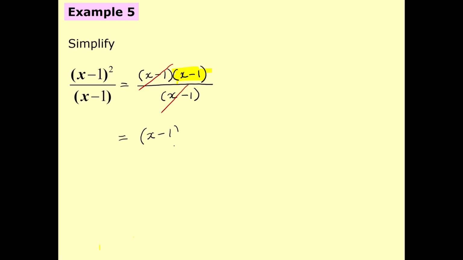Because we've got rid of everything on our denominator, we're just going to be left with that term on the top. Essentially we have x minus 1 all over 1, but if you ever come across that answer, just get rid of that fraction on the bottom and just have it left as x minus 1.